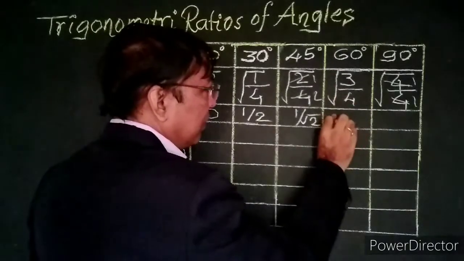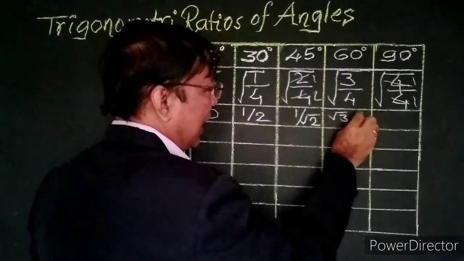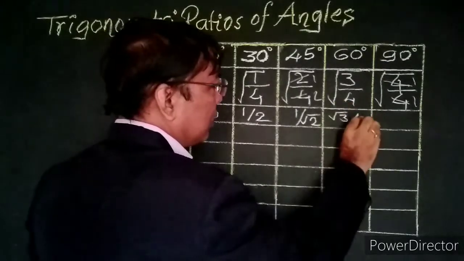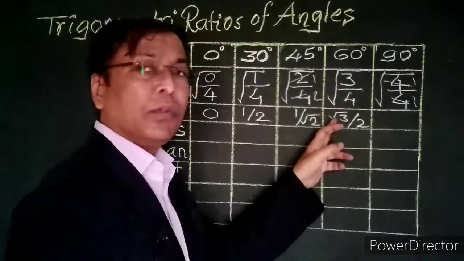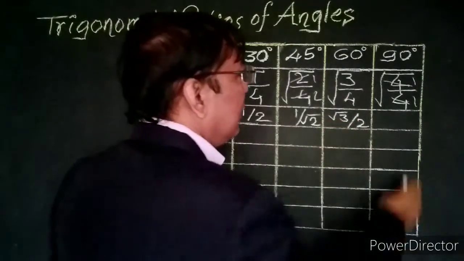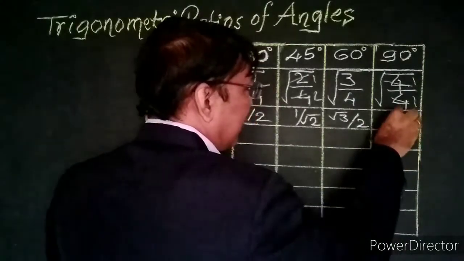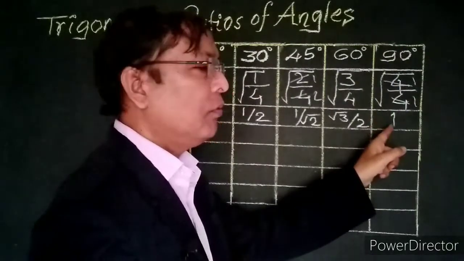Square root of 3 is not possible. 3 remains in the square root sign and square root of 4 is 2. Therefore, sine 60 degree means square root of 3 by 2. Now, square root of 1 is 1. This shows that sine 90 degree has the value 1.